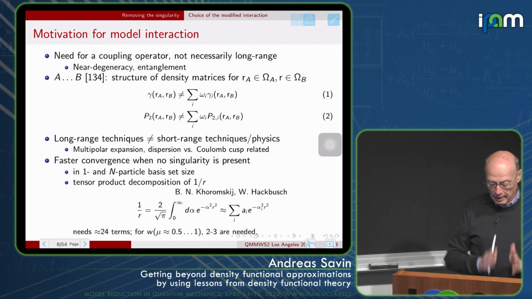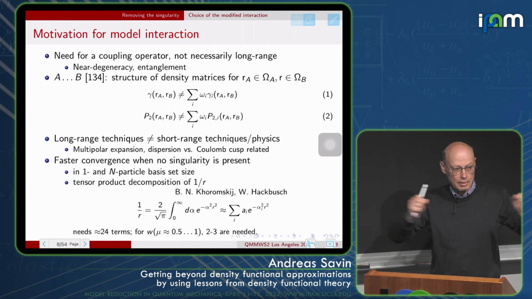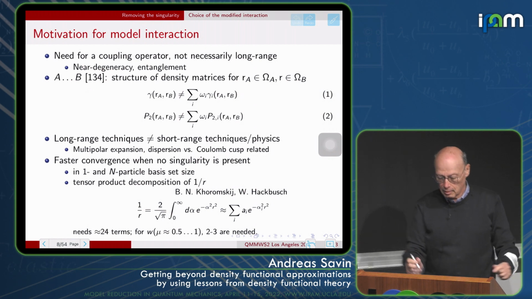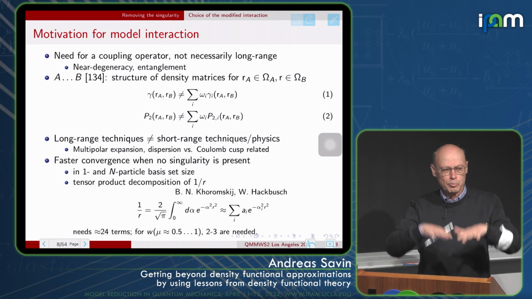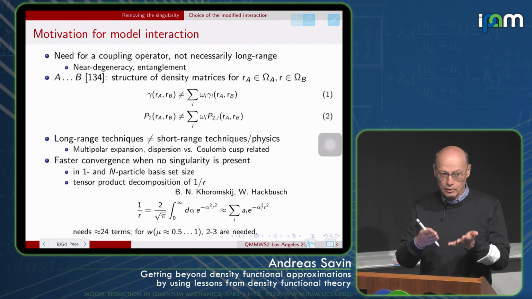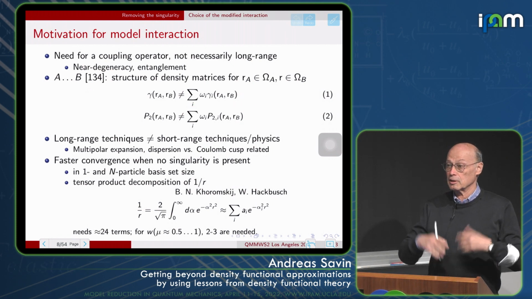When you look at the density matrix, we had heard a lot about density matrix, and you take two systems apart, and you have one electron in one system, and the other in the other. People try in density functional theory to speak about ensembles, and say it's the same thing. For the density, it is, but the first order density matrix is not.